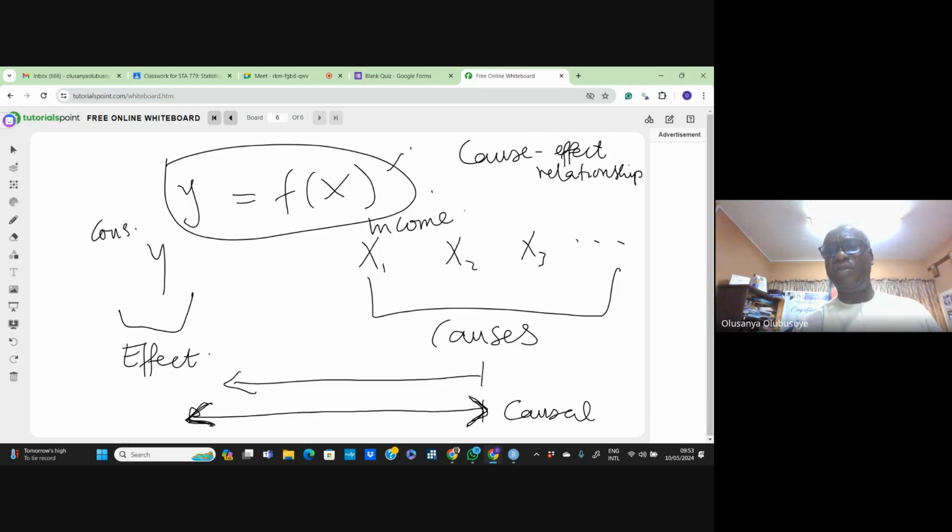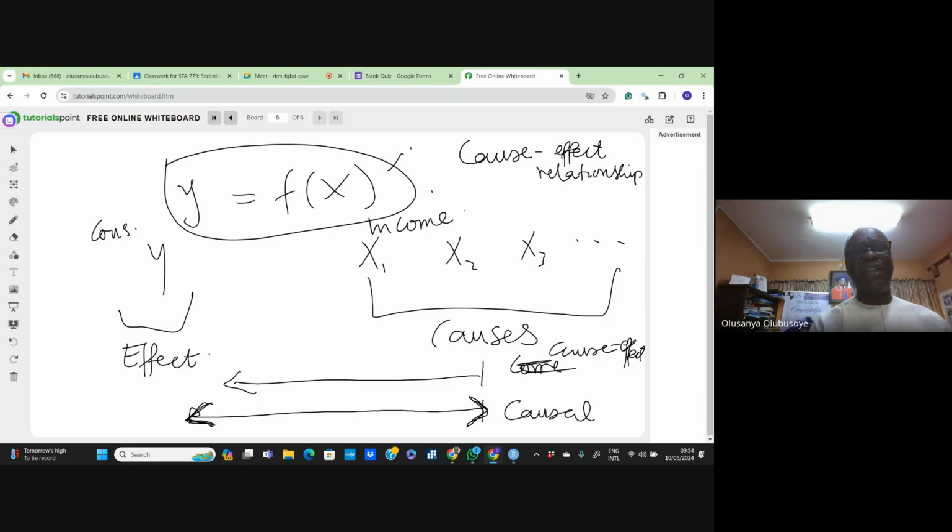This one is cause-effect, it's not causal. So the x's are causing y, but y does not cause x.